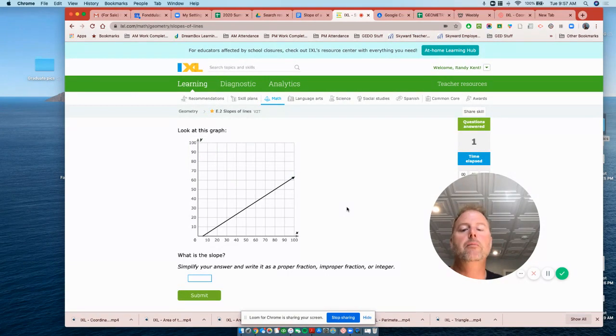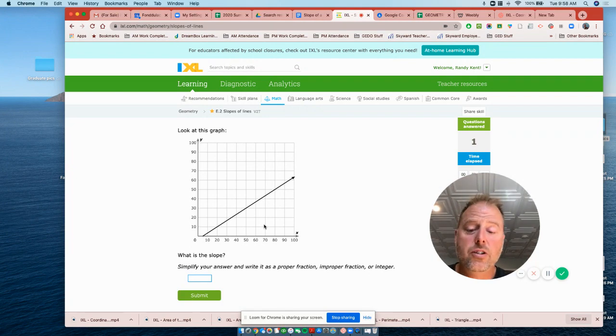Looking at the graph, I showed you how to do it on paper. Now I'm going to do some of it in my head. Again, this is a positive slope. So in this case, again, I'm looking for anything that's at a corner. So it looks like I got 50, 30, and I've got 20, 10. So 50, 30, so 30 is my y2, and my y1 is going to be 10.